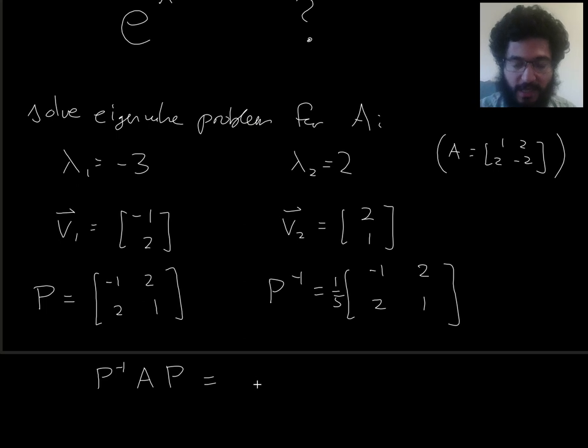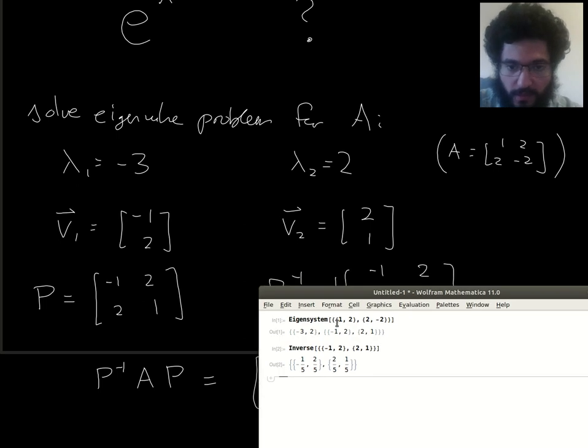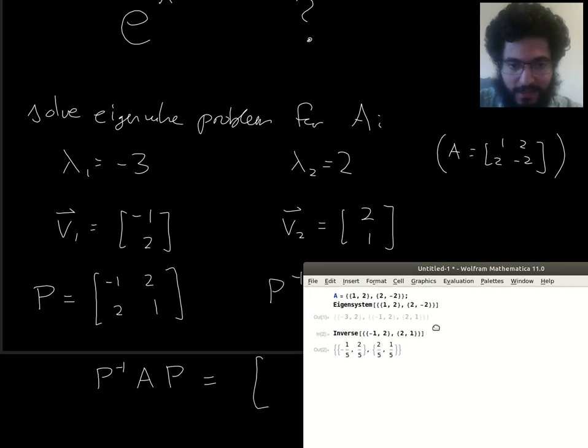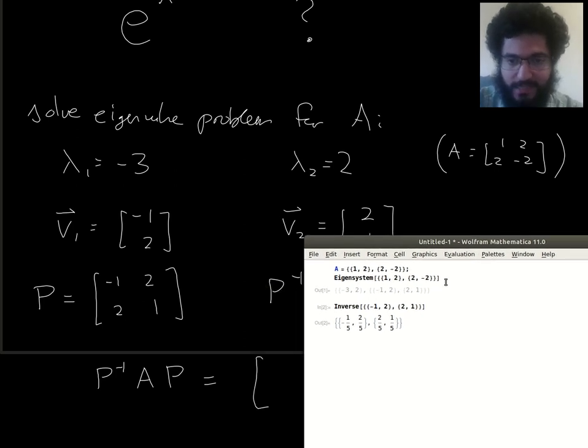So this should be diagonal if we did this right. So let's see. All of this stuff you could totally compute by hand and it would not take very long, or you can use Wolfram Alpha. It does not have to be Mathematica. I'm just doing it here to save myself effort. So let me call this matrix A, since I'm calling it A up here.